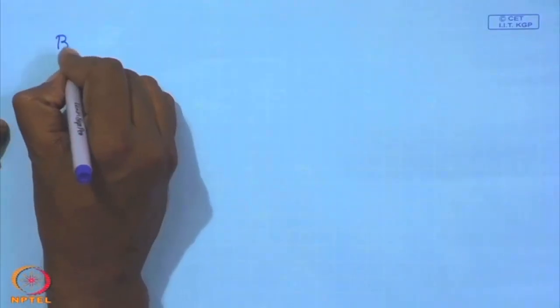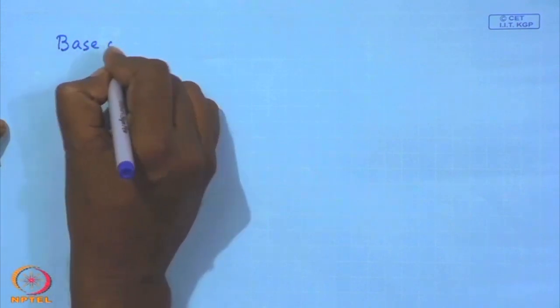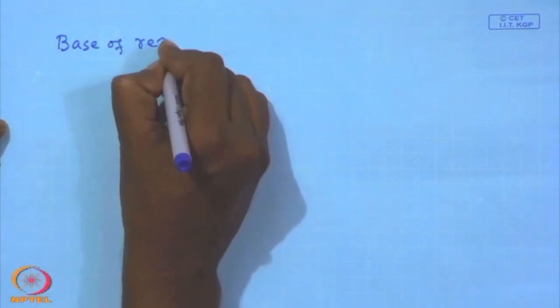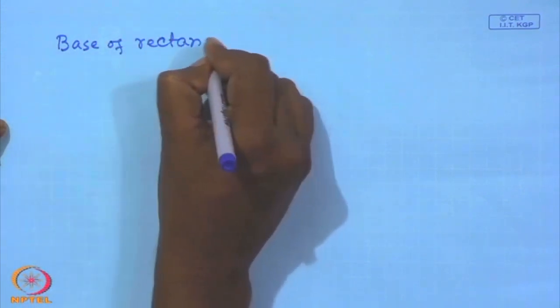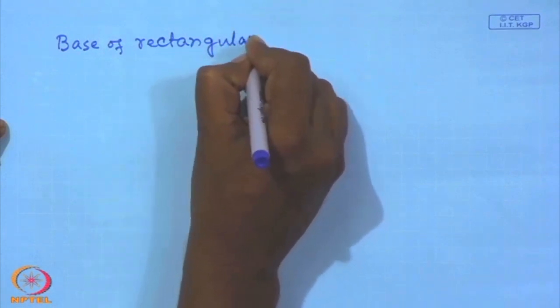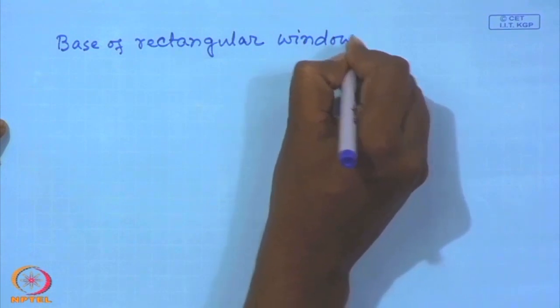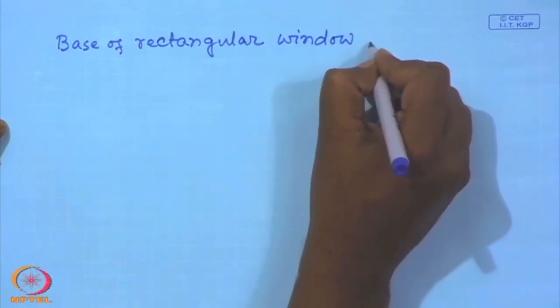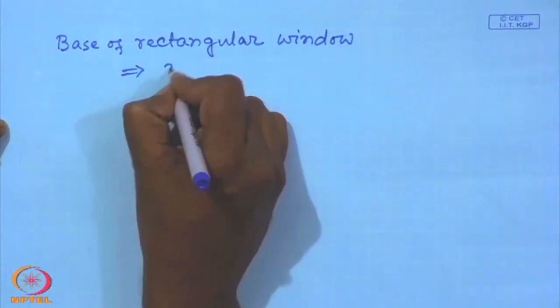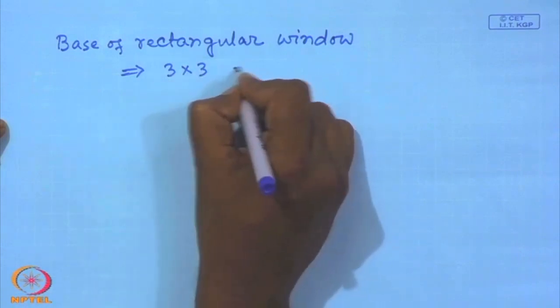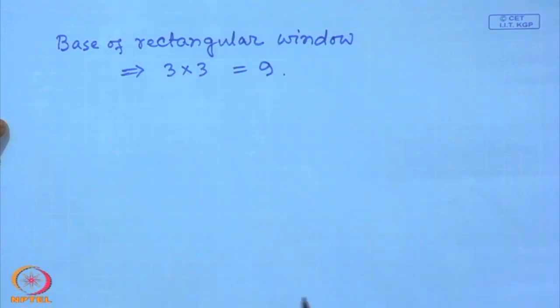So, the base of the rectangular window is 3 by 3, that is, the area is equal to 9.